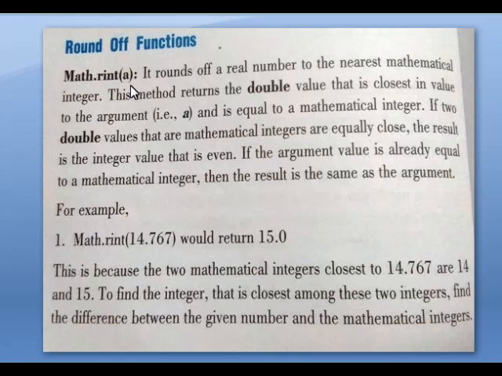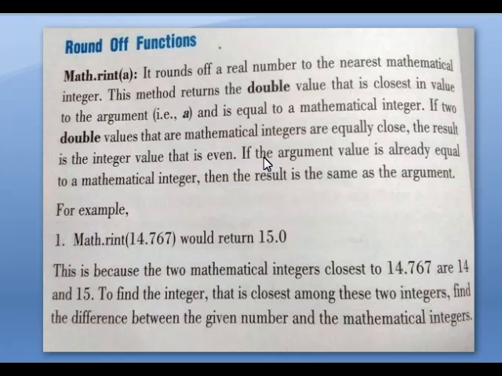If it is equal to 5 or greater than 5, it will round the value to the next nearest value. So it rounds off a real number to the nearest mathematical integer. This method returns a double value that is closest in value to the argument. Arguments mean the value inside the brackets, and is equal to a mathematical integer.